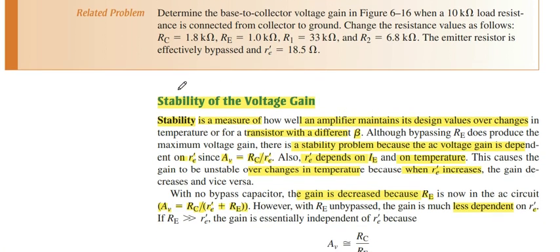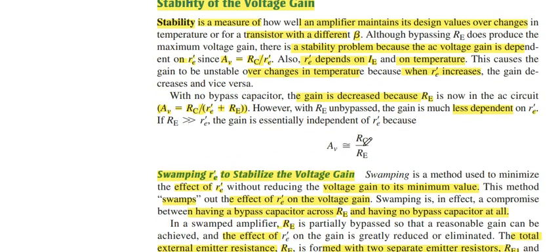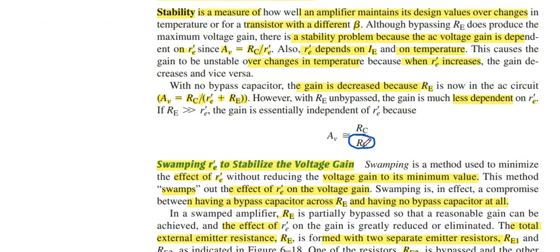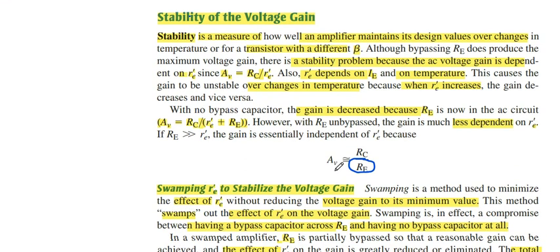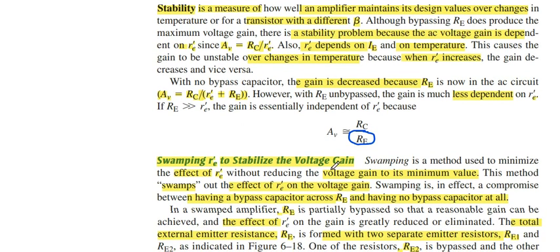Now the stability of voltage gain. Stability of voltage gain depends upon RE. As RE is less, the voltage gain is high. On the other hand, if RE is greater, then the voltage gain is reduced, and this RE also depends upon this one.